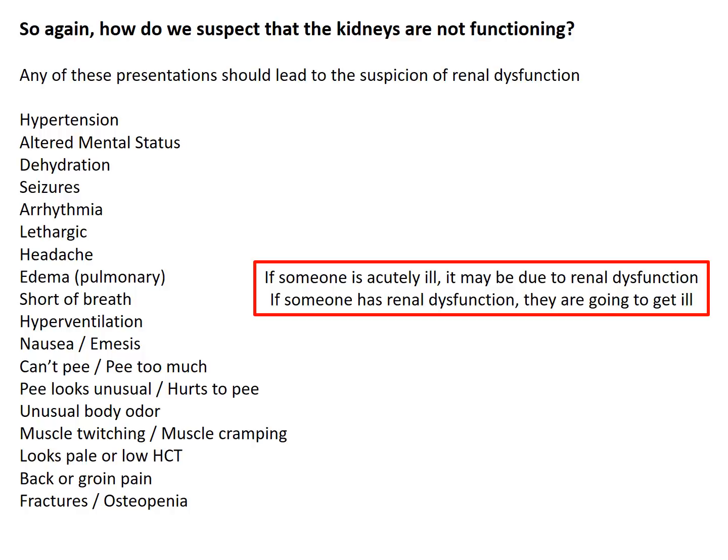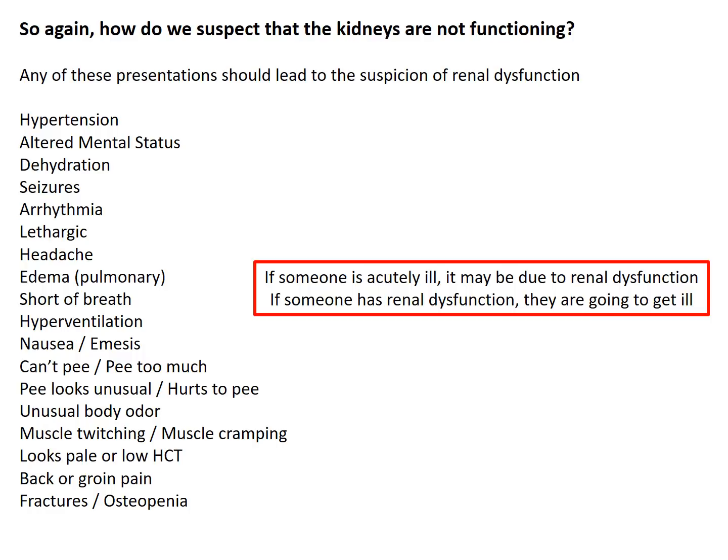Unusual body odors, emitting ammonia and ketones, right? So a lot of different things can send up some red flags for you to think that this might be the kidneys which are causing that. In the box, I wrote, if someone is acutely ill, it may be due to renal dysfunction, but if someone has renal dysfunction, they're going to get acutely ill.